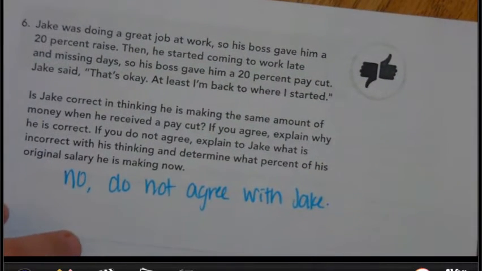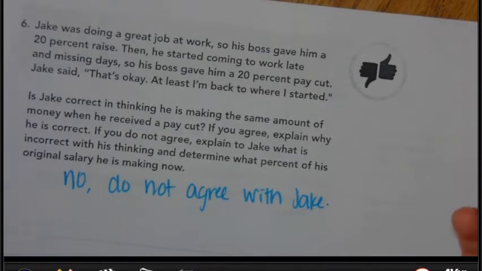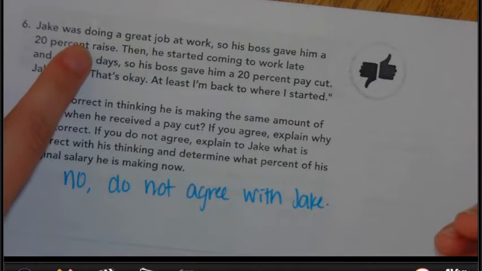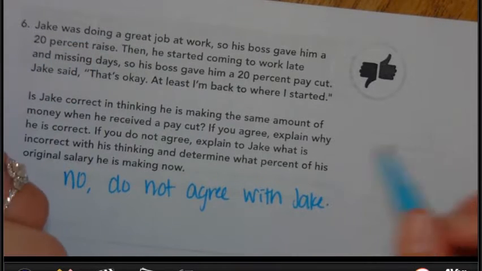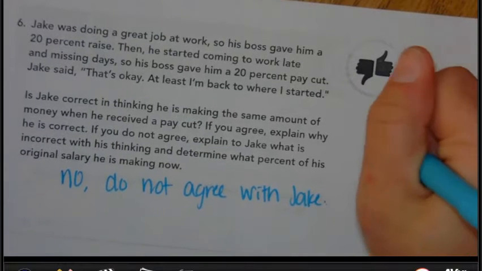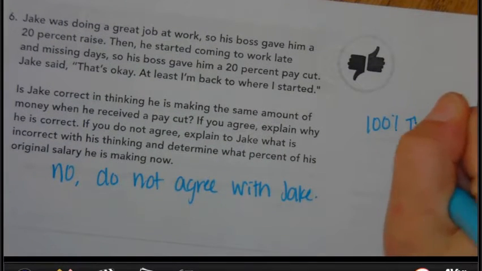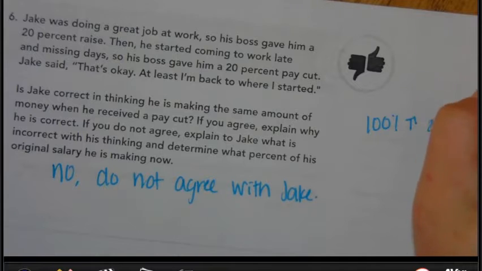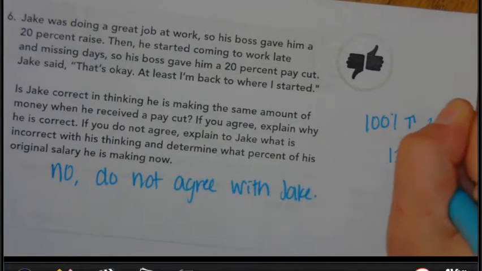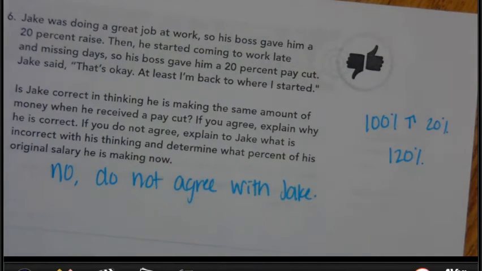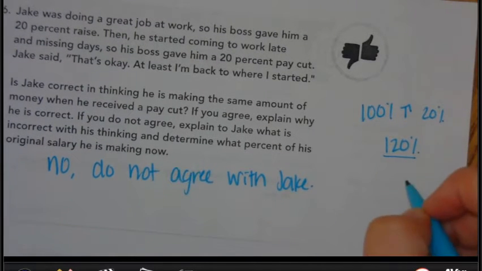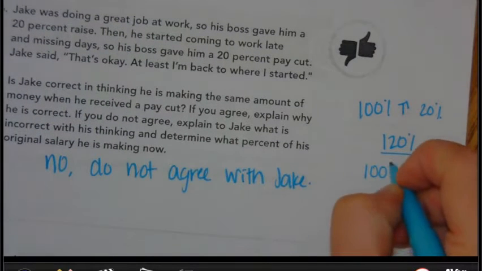Okay, and here's why. Say, for example, you earn $100,000 a year. You take a 20% pay raise. So I have 100% of my salary right now, and I'm taking a pay raise of 20%. Now I'm making 120% of what I was making. This new number is now my new 100% salary.